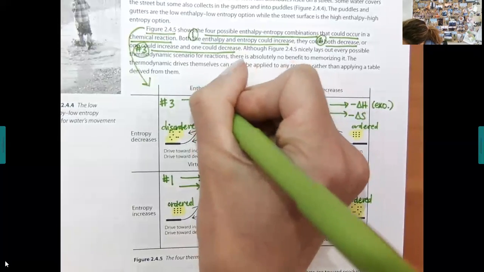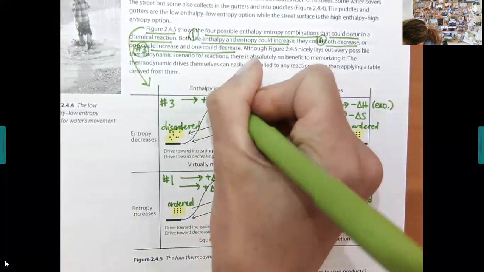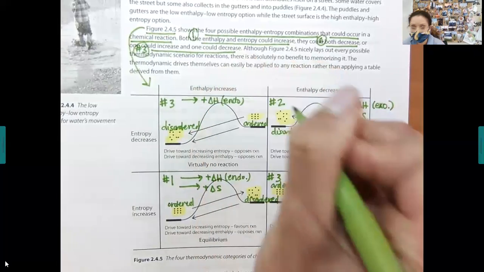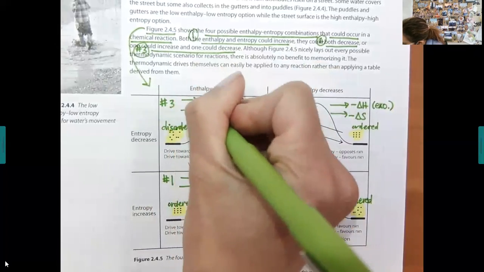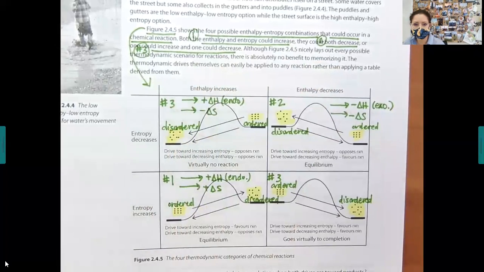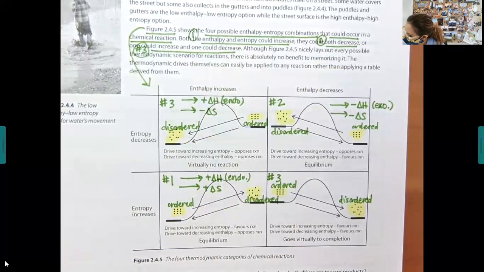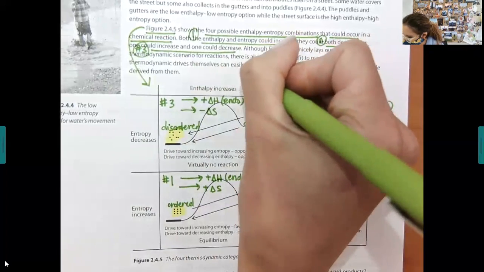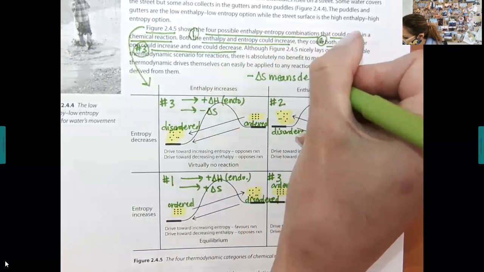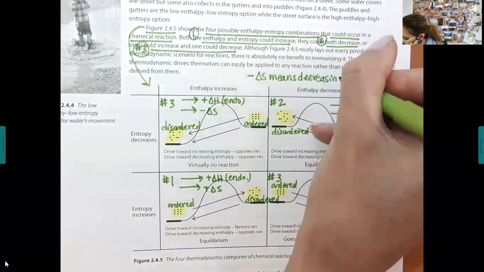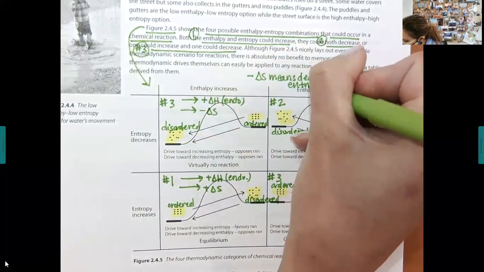this is a positive delta H because that's your endothermic direction. Okay. And this is a negative delta S because you're becoming more ordered, or your entropy is decreasing. I'm going to make that note up here that a negative delta S means decreasing entropy.